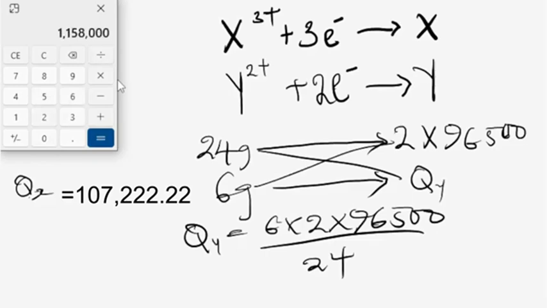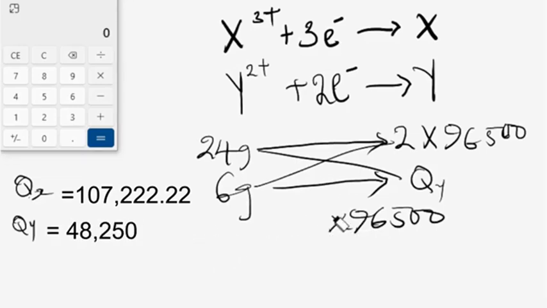So when we divide it by 24, it's going to be 48,250. So let's write it down here. So the charge for discharging 6 grams of Y is going to be 48,250. So let's go ahead and wipe this part. Let's go ahead and wipe off this.